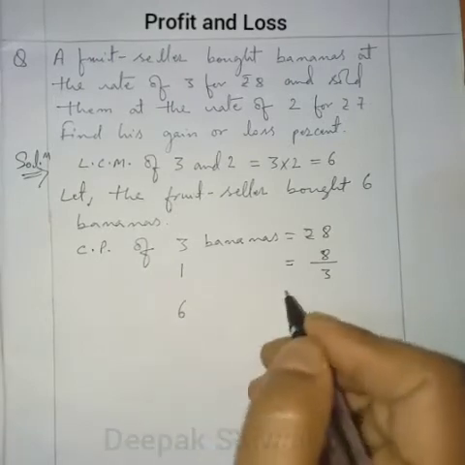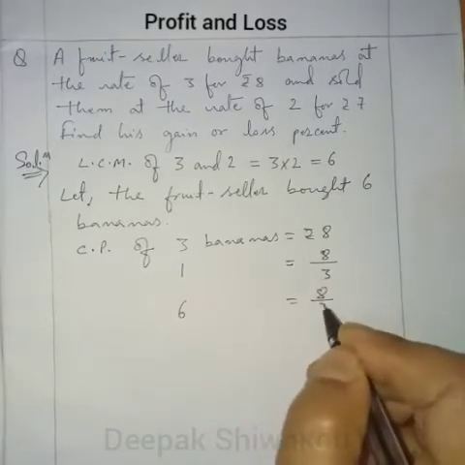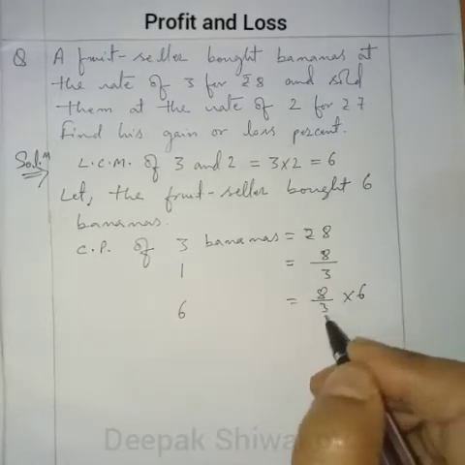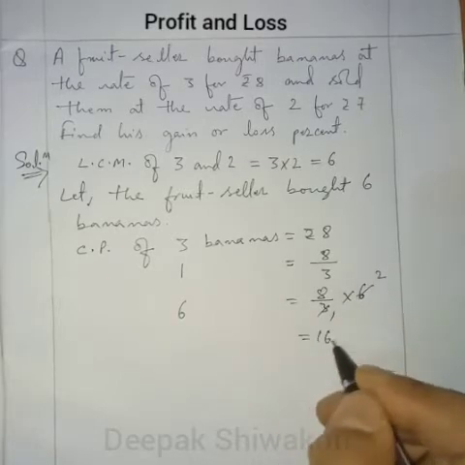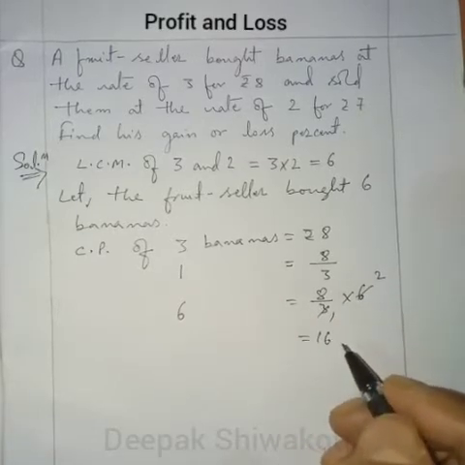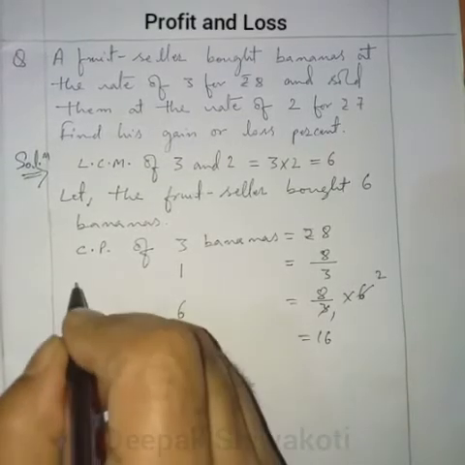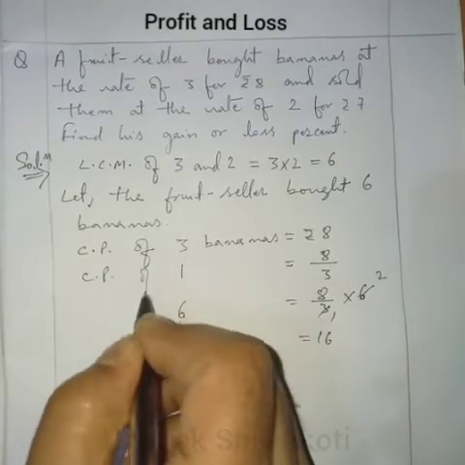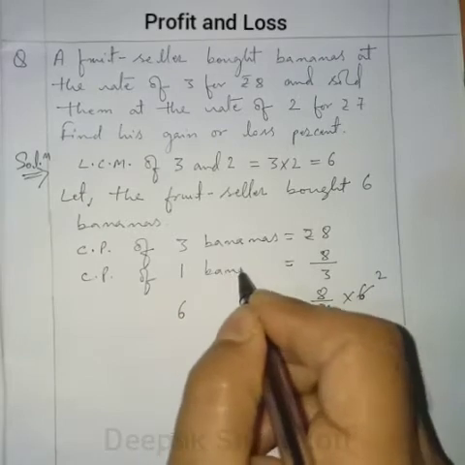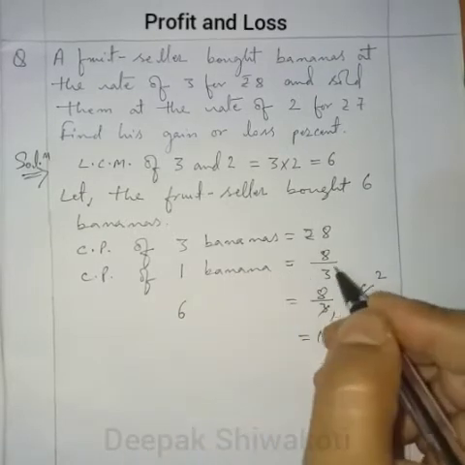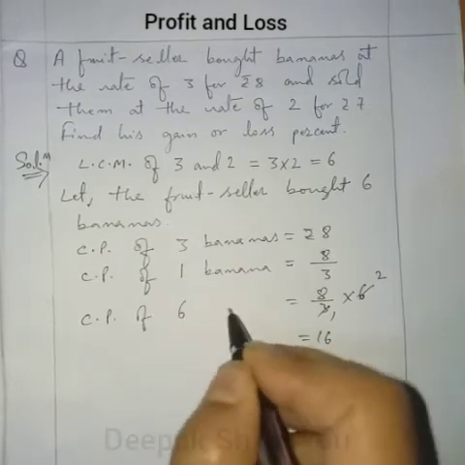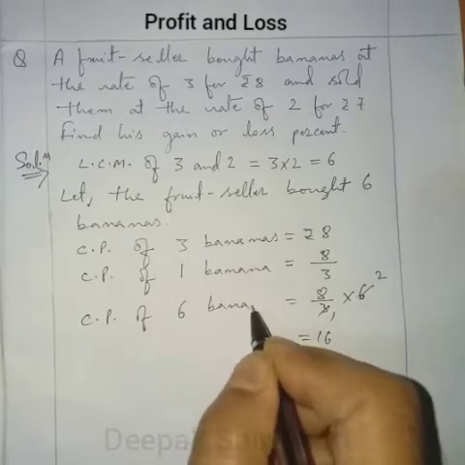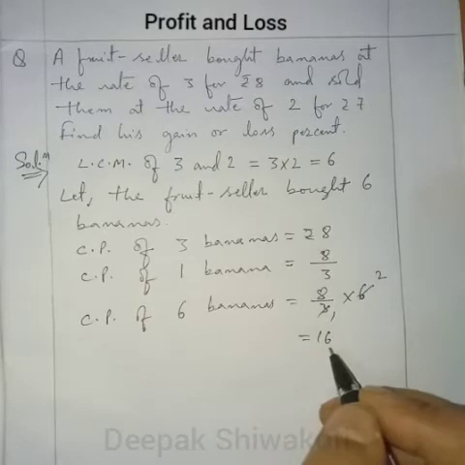Then we will multiply this 8 by 3 into 6. 3 ones are 3, twos are 8 twos are 16. So CP of 1 banana we got 8 by 3, CP of 6 bananas we got 16.